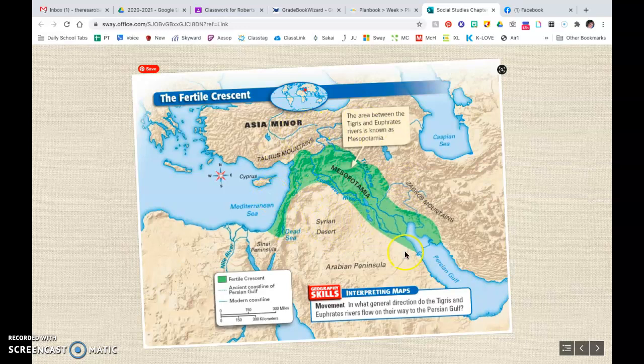Oh, and the sea and the Gulf on the other sides, because it's very hard for people to get in. So not as many invaders. They were kind of protected. And if you'll notice, here is Africa, and here would be where Egypt is, the Nile River.